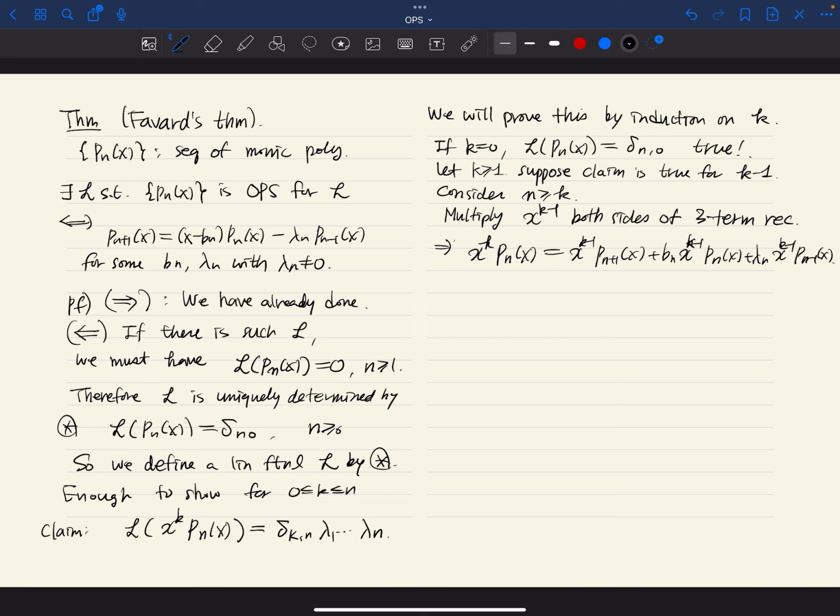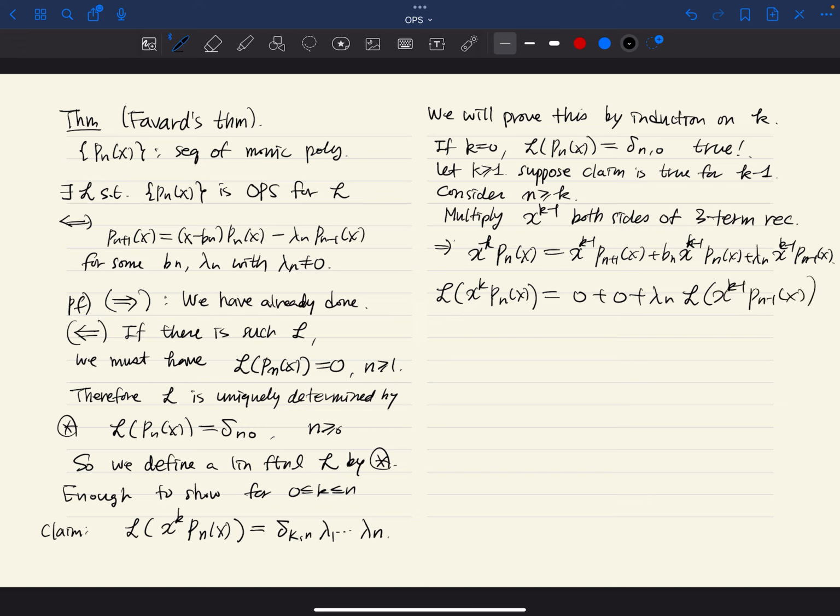So now taking the linear functional, this will be 0 because of the induction hypothesis, because this is k minus 1. So this is 0, and this also is 0, and this may not be 0. Okay, let me make some space. Lambda n, and this may not be 0.